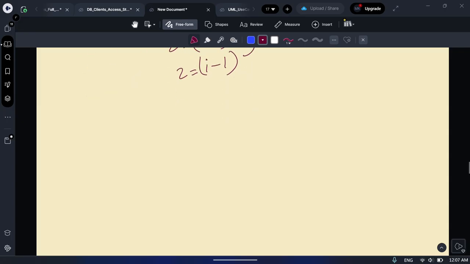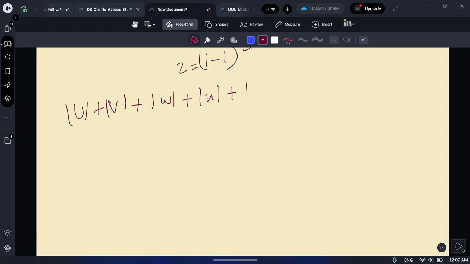And we can write it this way: u plus v plus w plus x plus y, going to get plus with i minus 1. This is extra added length.